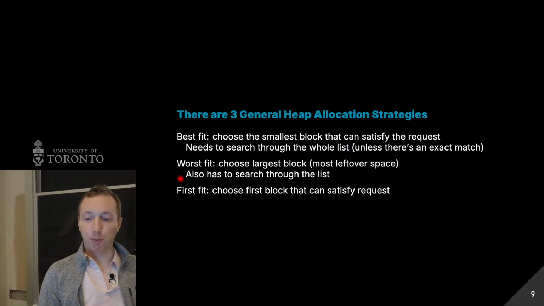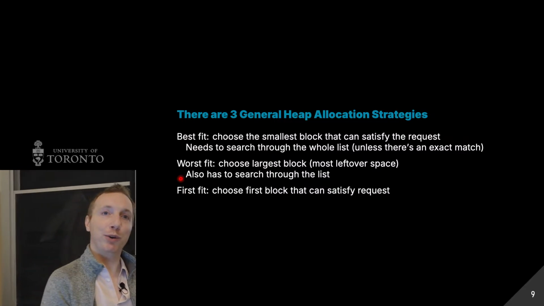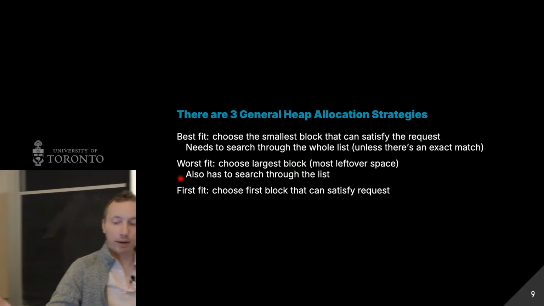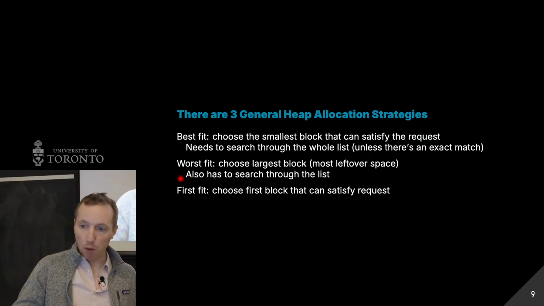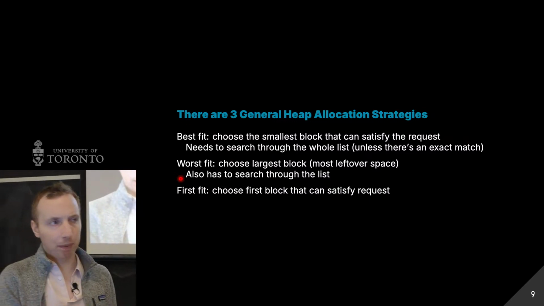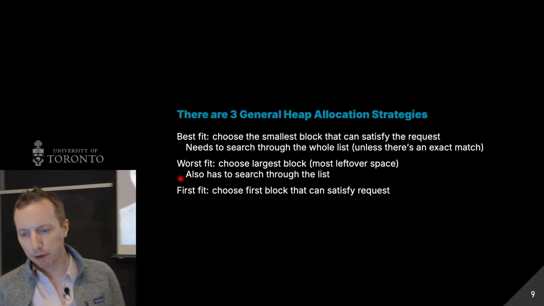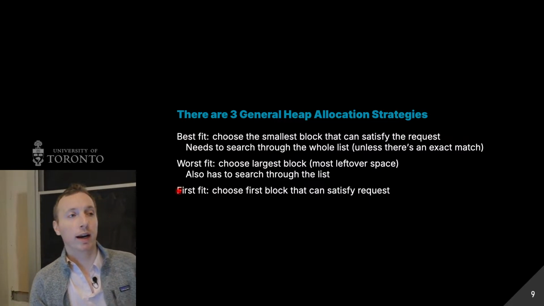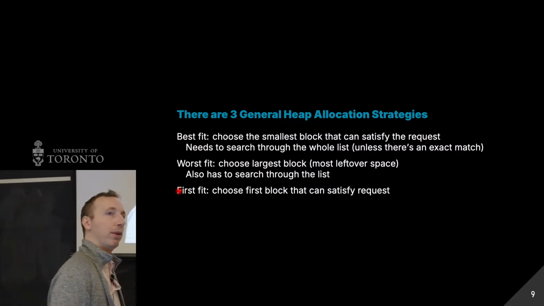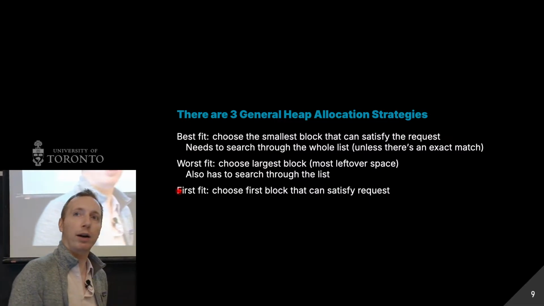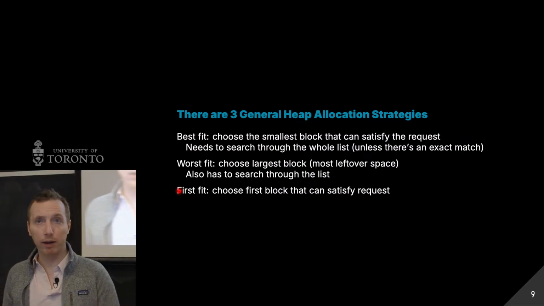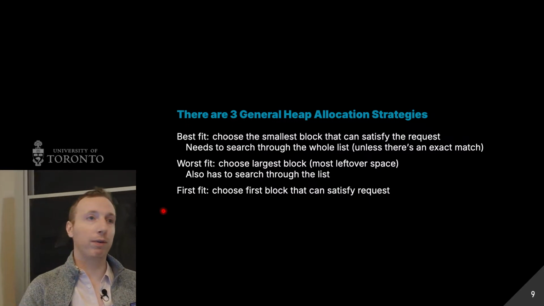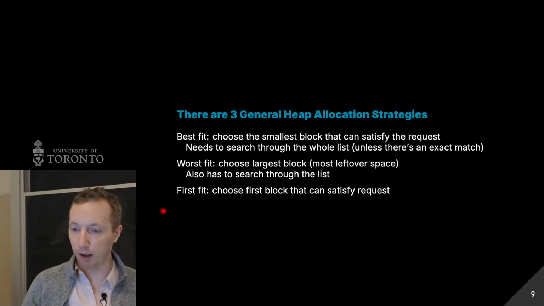There's also worst fit, which means we choose the largest block, whichever has the most leftover space, which hopefully will make that space smaller and smaller. It would also have to search through the whole list again. And then we could just do the simplest strategy, which would not require searching through the whole list in every case. That's first fit, where we just choose the first free block that fits the request.